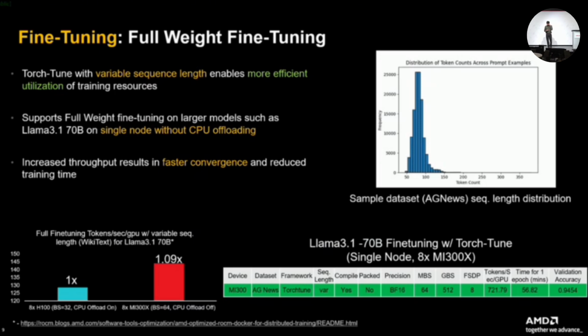To overcome that, there are libraries like Torchtune, which allow you to pack these data sequences to better use them, or allow for variable sequence lengths. On AMD, we do support some of these. At the bottom, I'm showing a couple of graphs where we again compared with H100 and show slightly better performance. We also trained to convergence, and you can see that with tens of millions of tokens, we are able to converge a little faster than H100.